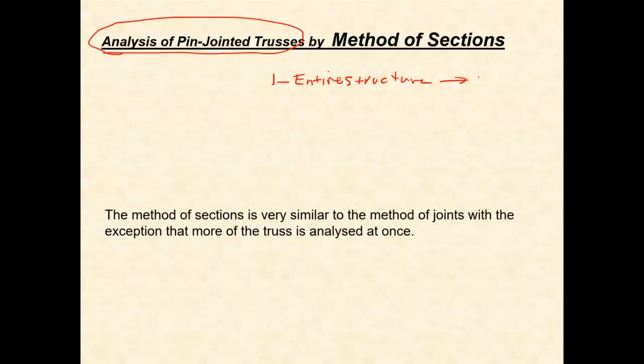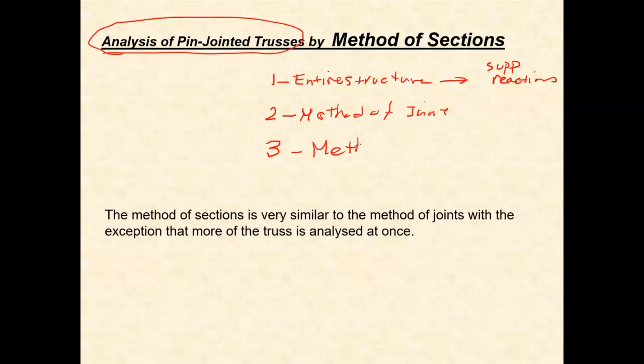So that one gives you the support reactions. The second technique was method of joint. And today I'm going to introduce the third technique that is called method of section.